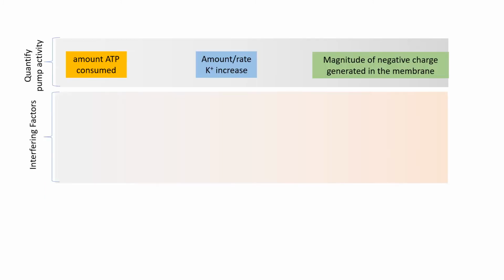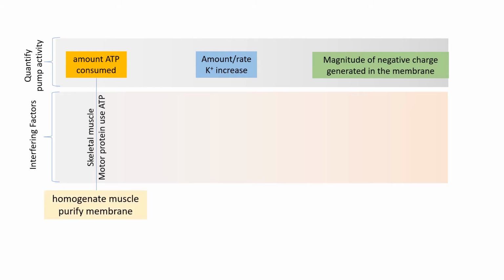But each of these methods has some interfering factors. For example, in the case of skeletal muscle, if we are going to measure the ATP consumed, there are other motor proteins that use a lot of ATP, like myosin.